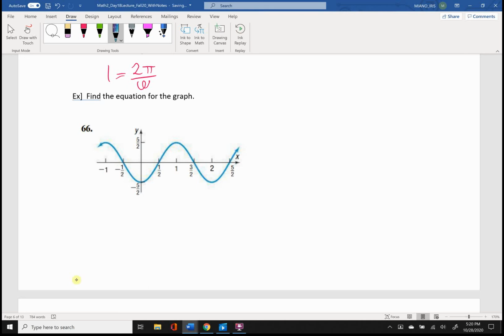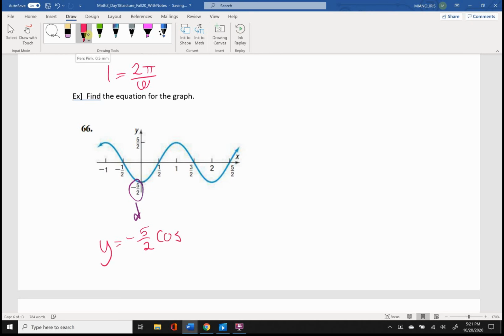So for that reason, I would say that the multiplier in front of my trigonometric function is going to be negative for sure. And since we start in a place other than at the origin, it's going to be a cosine. So I see that the multiplier is negative 5/2 and I'm going to call it a cosine.